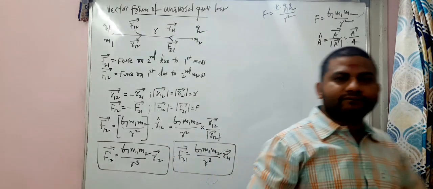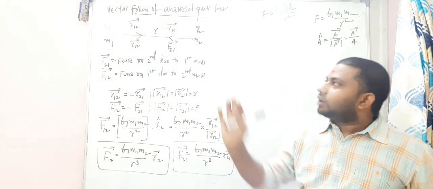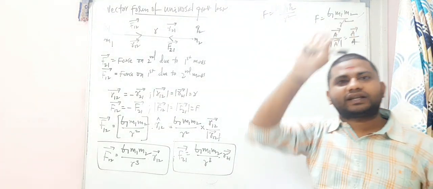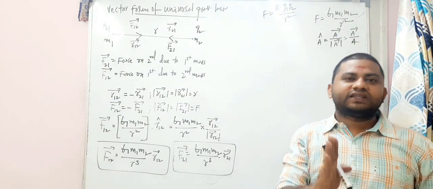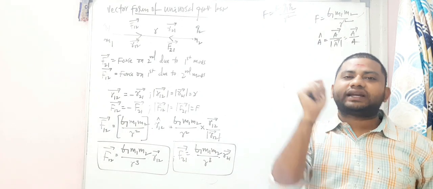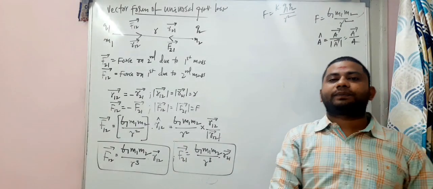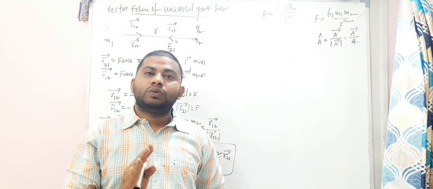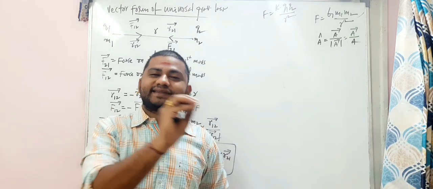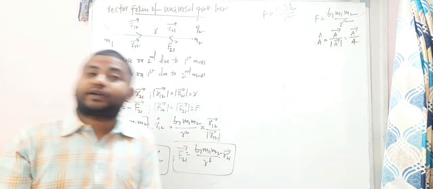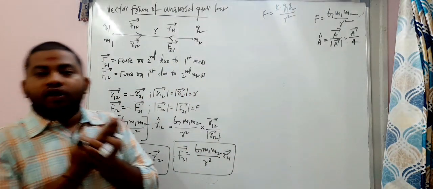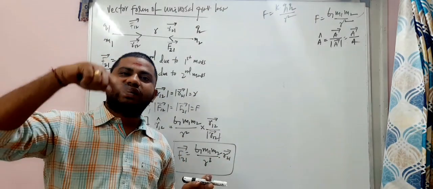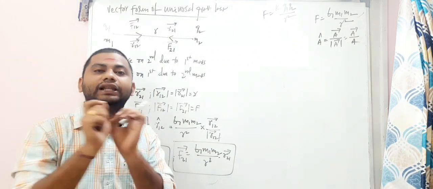I told you during the introduction of the chapter that this connects to your second PUC electrostatics chapter, from which the most probable questions in NEET or JEE can be asked, and of course from the gravitation chapter also. If you prepare this gravitation chapter well, you can easily learn most of electrostatics.